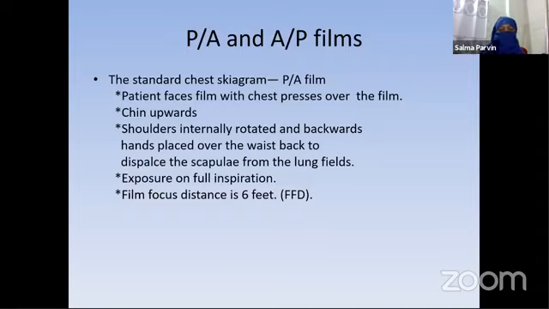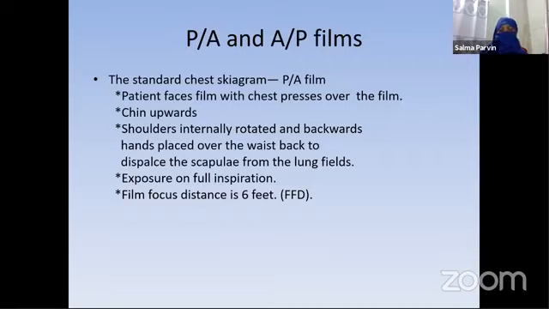The chin is directed upwards and the shoulders are internally rotated and backwards, so that the hands are placed over the waist at the back, to displace the scapulae from the lung fields. The exposure is taken usually in standard conditions in full inspiration, and the film focus distance is 6 feet.